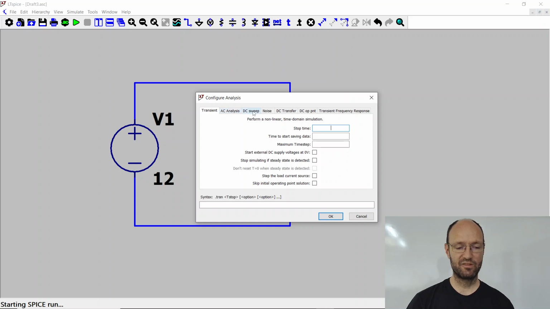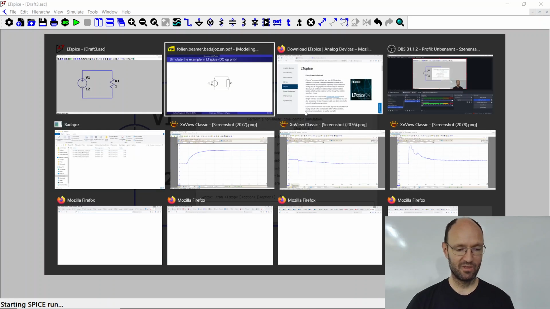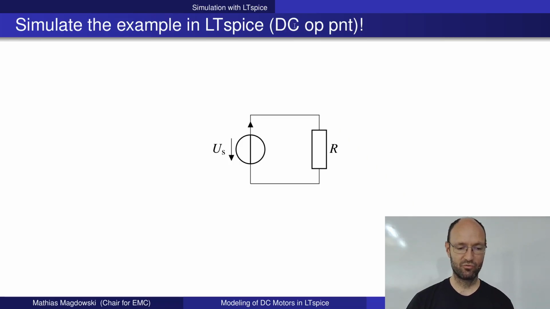And we can have a DC sweep where we change the value of a DC source. Then there's noise analysis, DC transfer, some transient frequency response. The thing that we would like to have now, as mentioned on my slides, if I go quickly back to my slides, is this DC operating point.